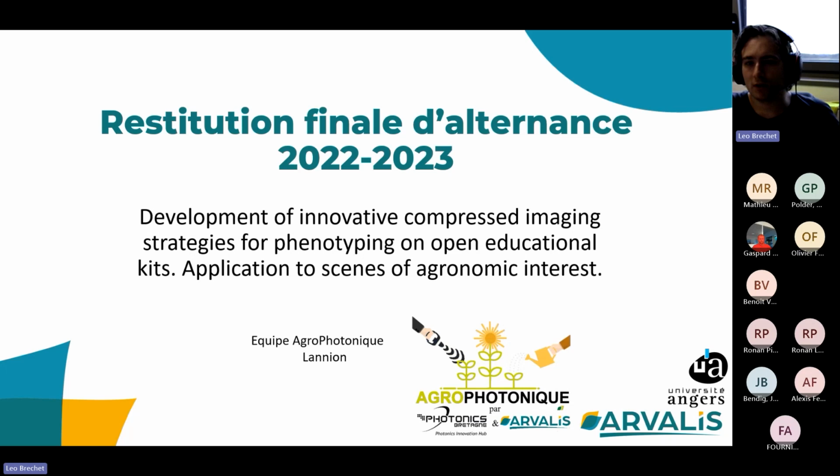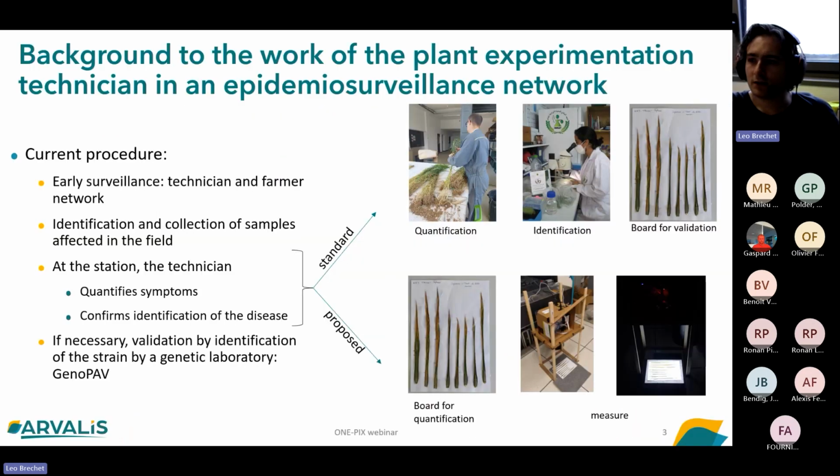So to give a little bit of context, here we can see all of the setup of an epidemic surveillance network in Arvalis. So the technicians take samples at the field directly, and then they quantify the symptoms on the plants, and also they identify them.